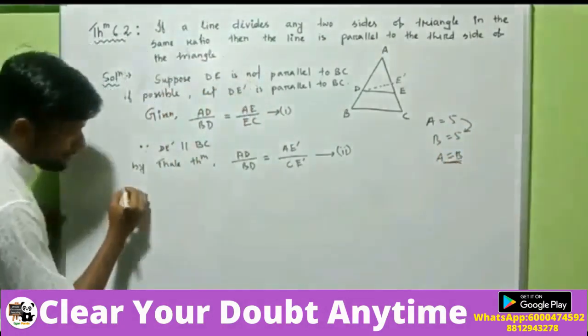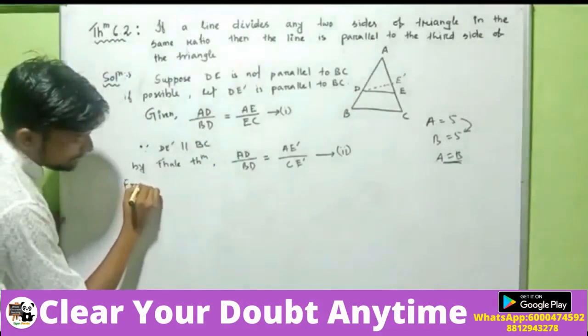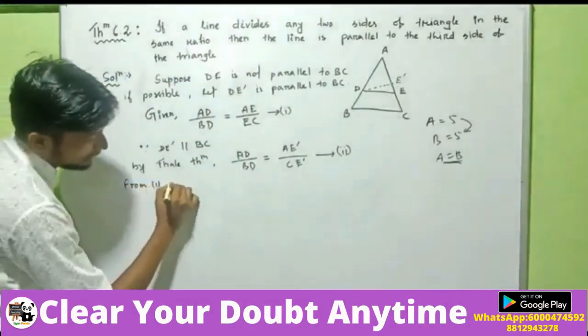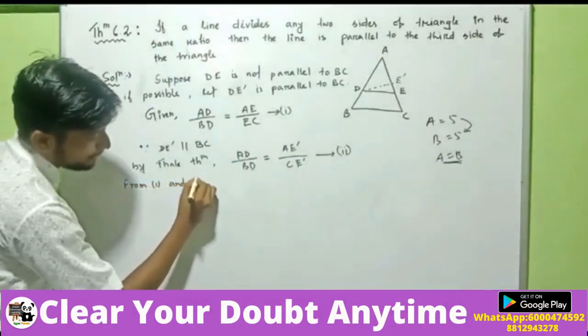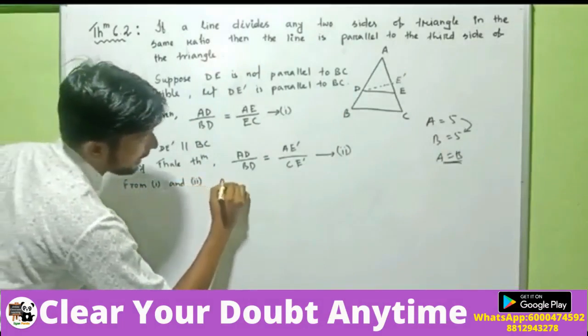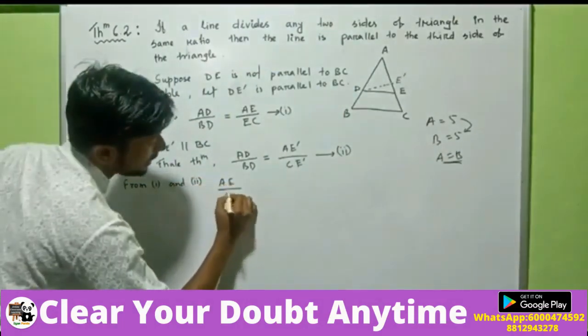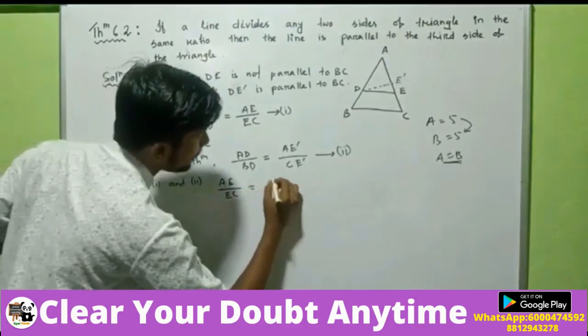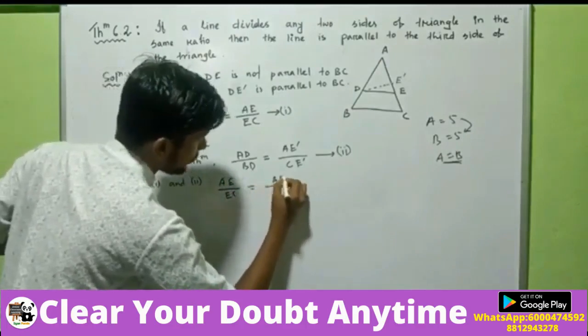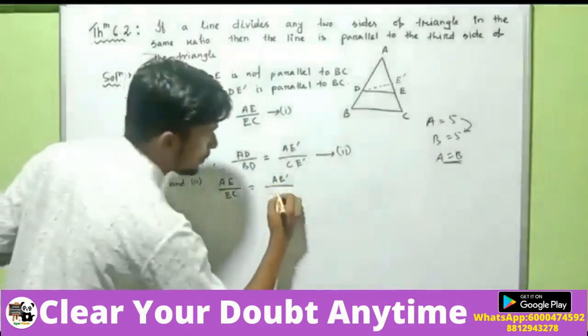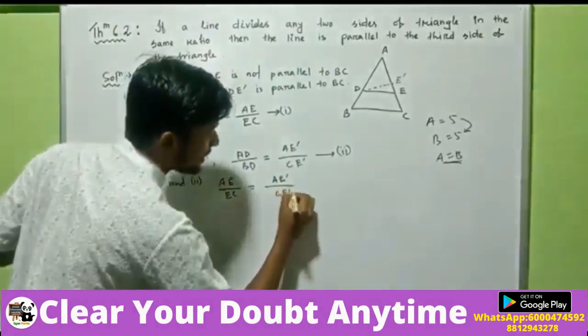So this is how from 1 and 2 we can write AE dash by EC equals to AE by EC is equals to AE dash by CE dash.